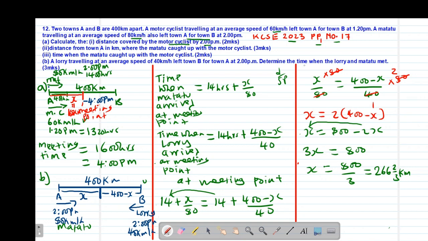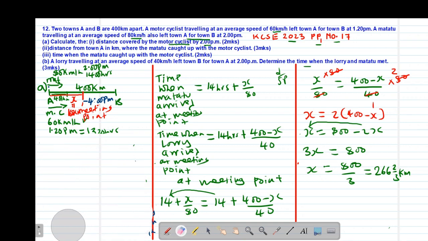But the question wants the time when the lorry and the Matatu met. So the meeting time can be given by either of the equations, either that of the lorry or the Matatu. Let me use the equation for the Matatu, which is easier to work with.